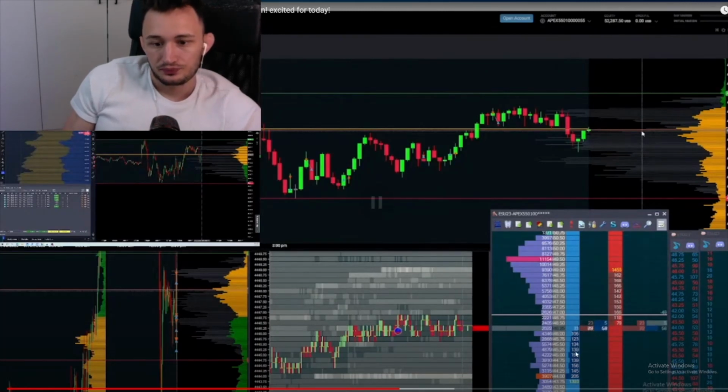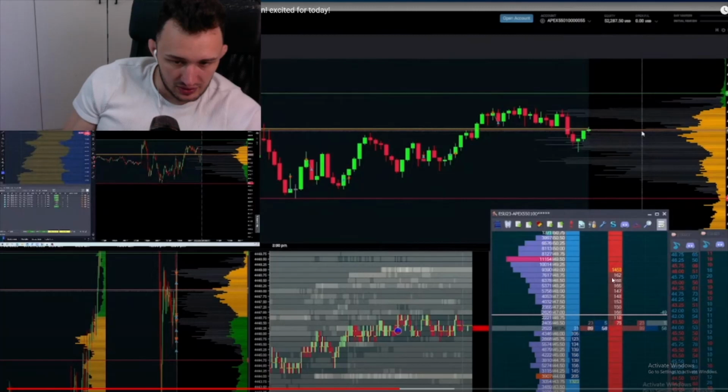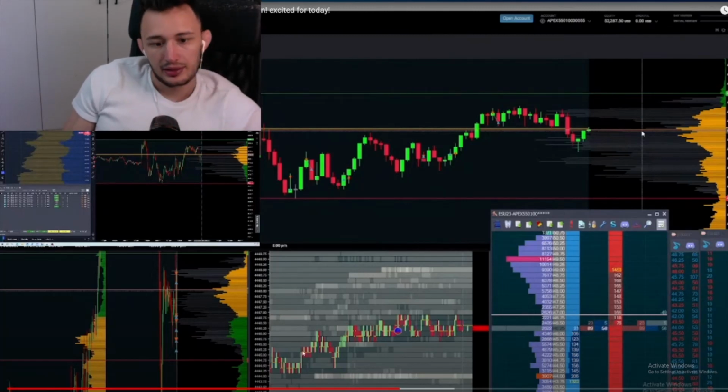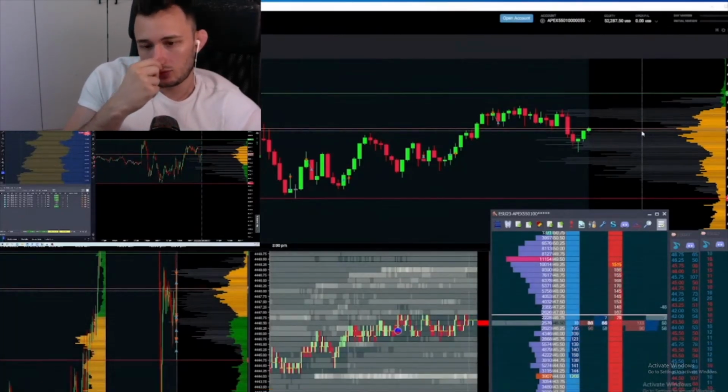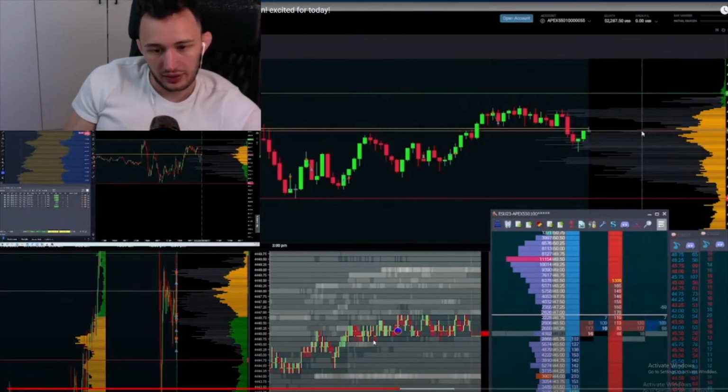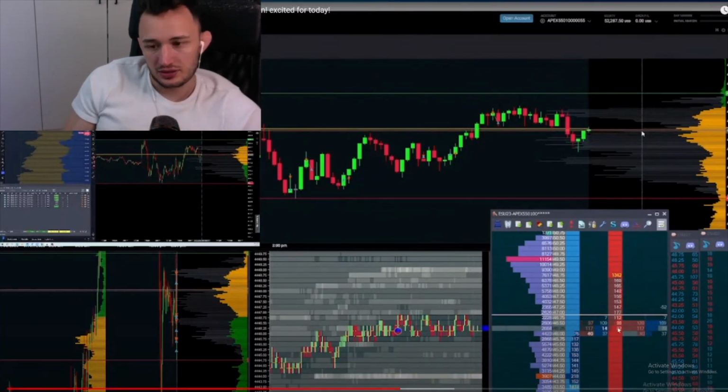I just came back as well, so I reset my footprint and had a quick look at the auction vista, looking at everything and trying to build a little bit of context here.